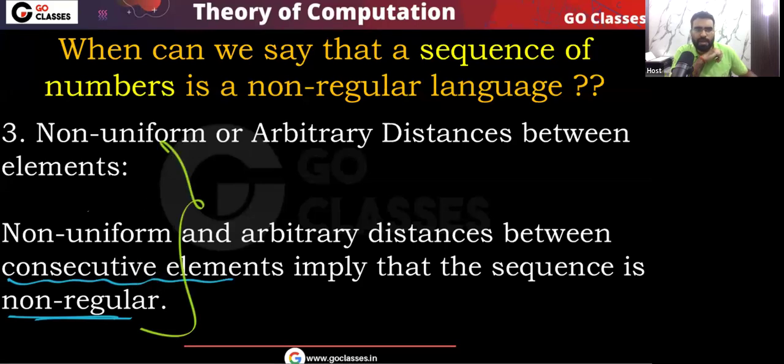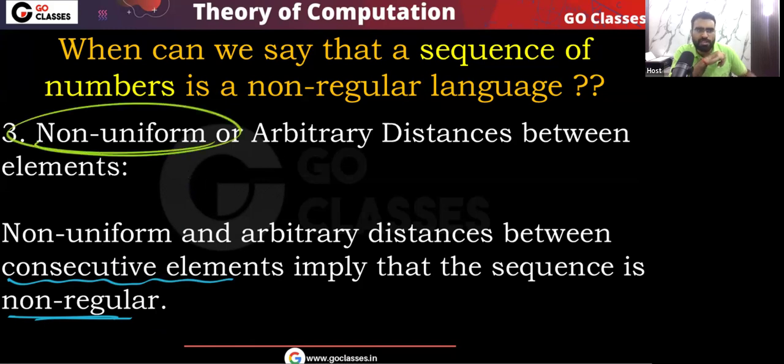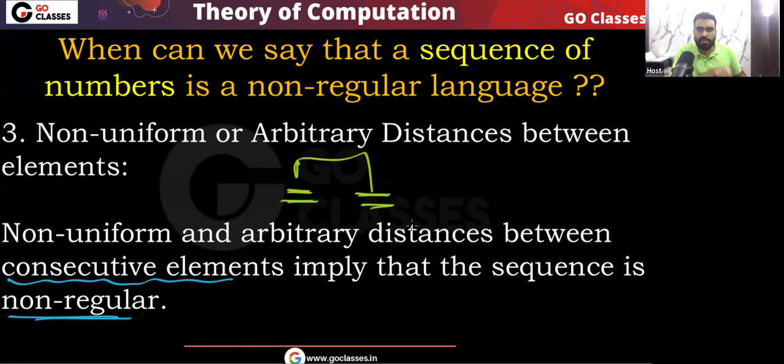In this case also the prime numbers will suit, because do we have non-uniform distance between consecutive numbers or not? Between consecutive prime numbers, do we have a uniform distance? No, we don't have uniform distance, yes or no? So there is non-uniform arbitrary distance between elements.